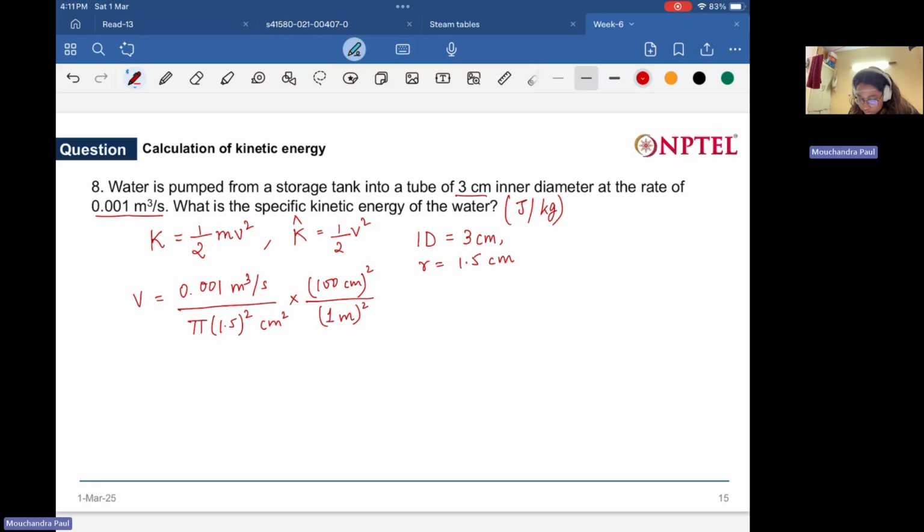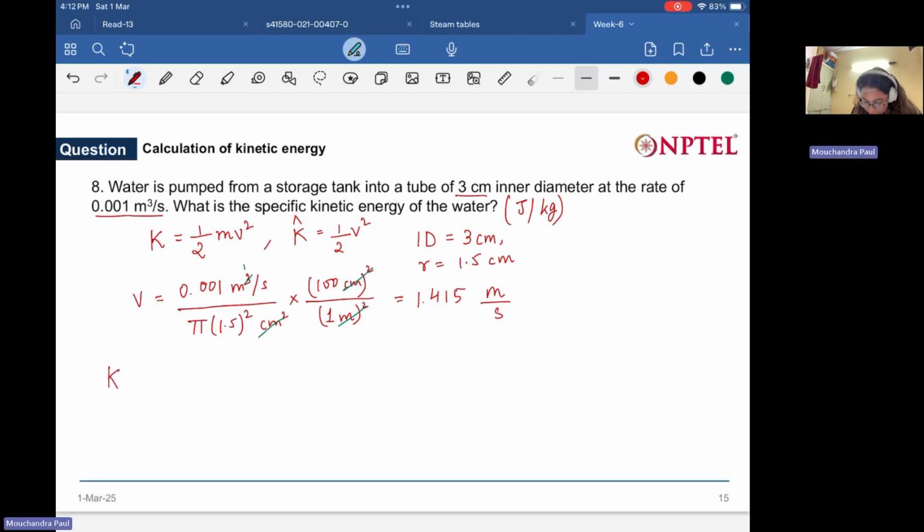When we solve this, you should get the value in meter per second, because the centimeter squares cancel out, and the meter square cancels with the meter cube. When you solve the numerical values, you should get 1.415 as the value of velocity.